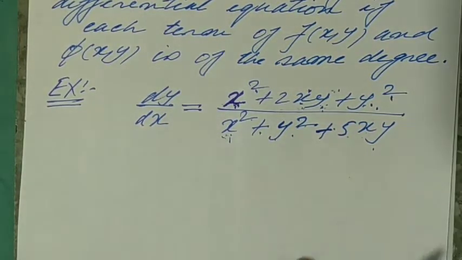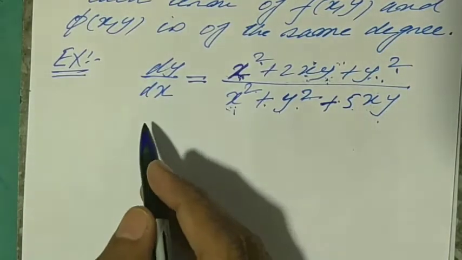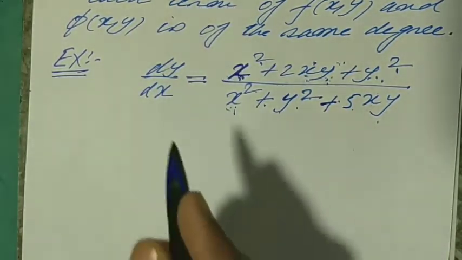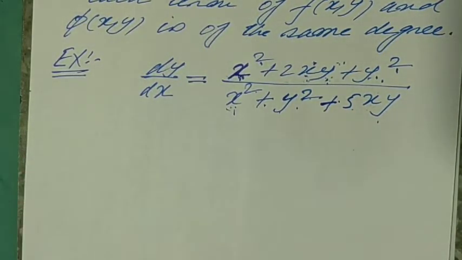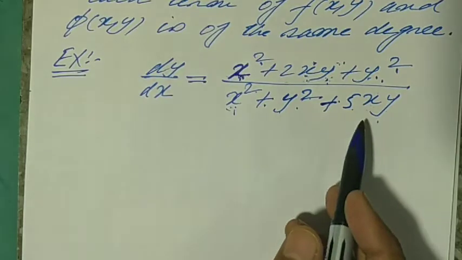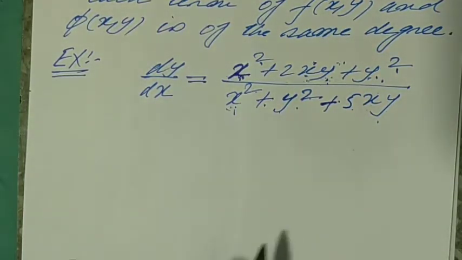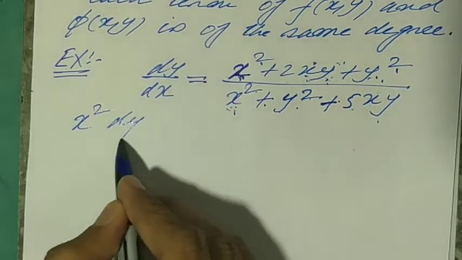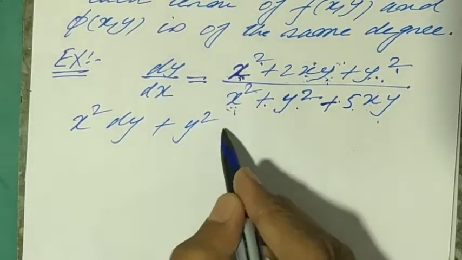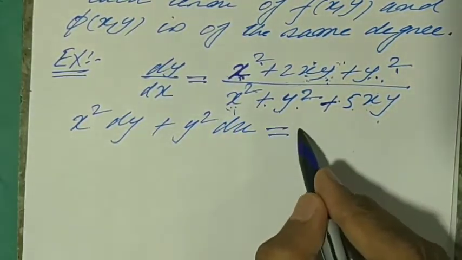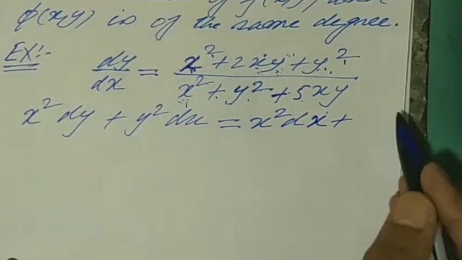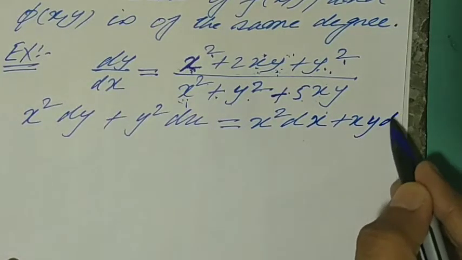So this is a homogeneous equation. Sometimes it is not written in this form, but you can identify it easily by observing the degree of the terms. If the degree of every term is equal, though it is written in some other form, you can identify a homogeneous equation. For example, x square dy plus y square dx is equal to x square dx plus xy dy.